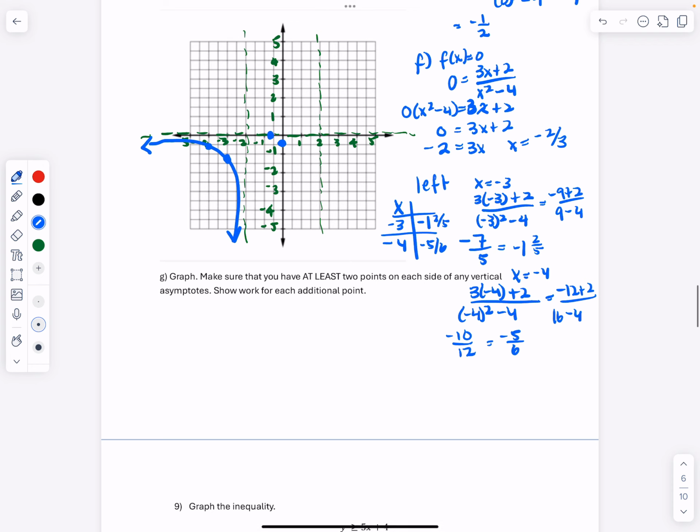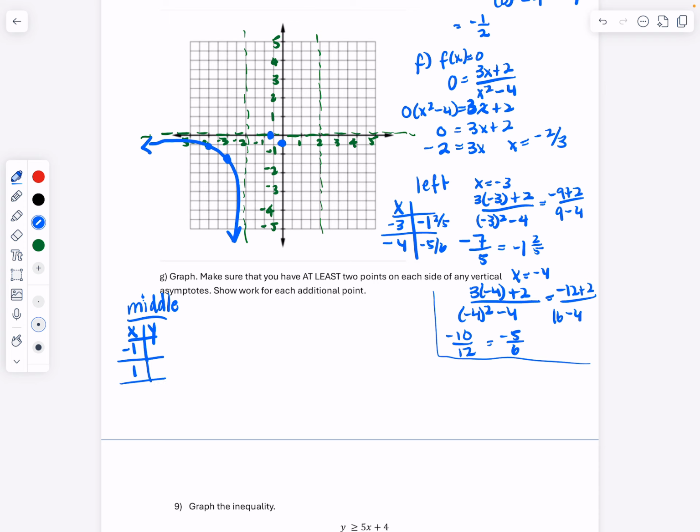Now let's work on the middle. When you have 3 regions, remember the graph can go through the horizontal asymptote. So I need to figure out what's going on to the left of those 2 points that we have, and what's going on to the right of it. So I'm going to pick negative 1, and I'm also going to pick positive 1.